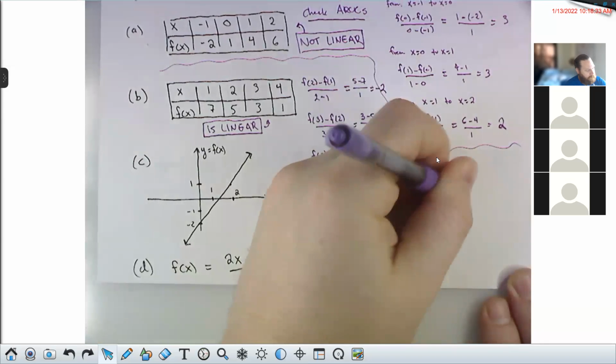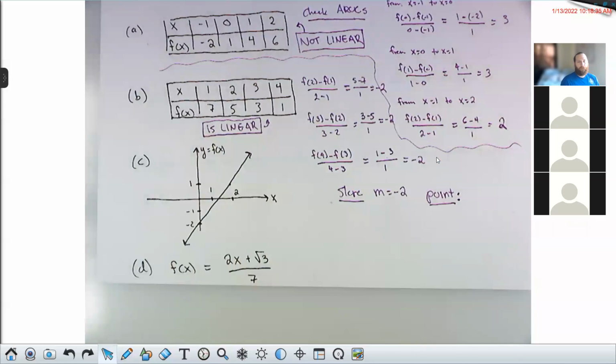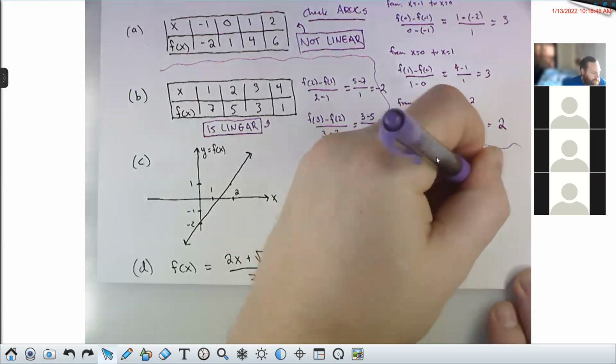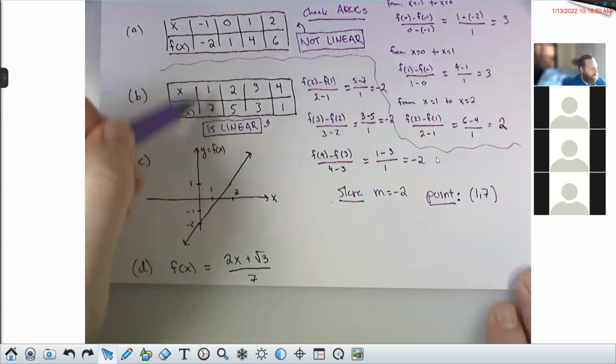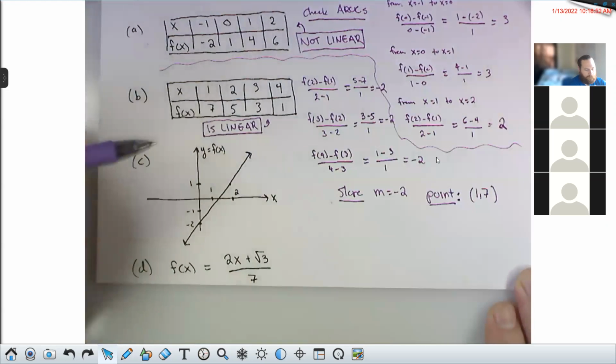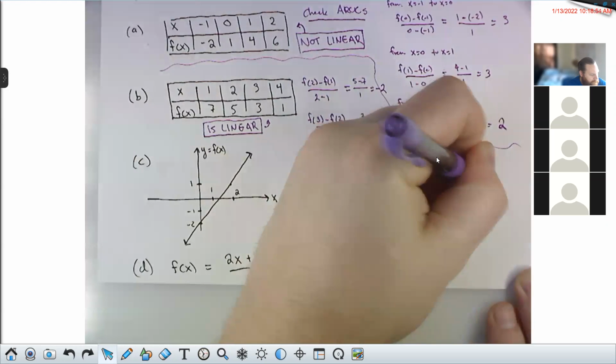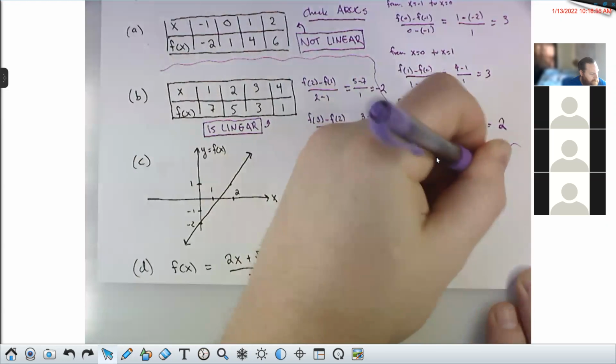In fact, I know several points. Can anybody tell me a point that is on the line in part B? Good, 1, 7. When x is 1, f of x is 7, so 1, 7 is on the line. That means x0 is 1, y0 is 7.